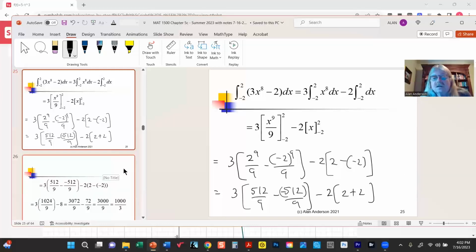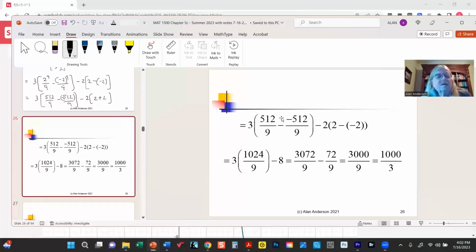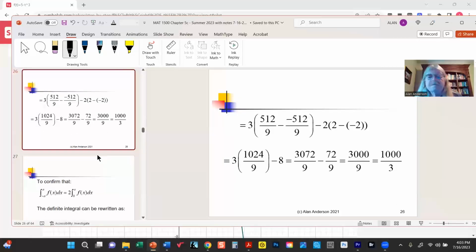So that leaves us with, on the next slide, 3 times 512 over 9 minus negative 512 over 9, minus 2 times, parentheses, 2 minus negative 2. So we've got 3 times 1024 over 9 minus 8. And when you find common denominators, you'll see that you ultimately end up with 1003.